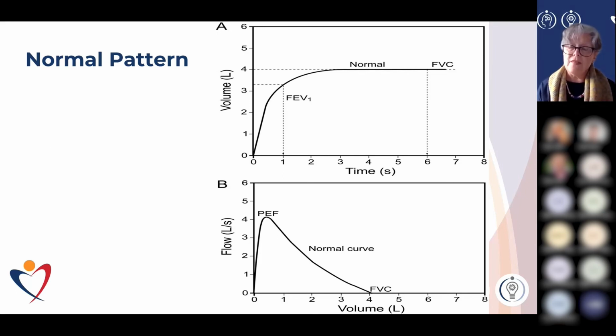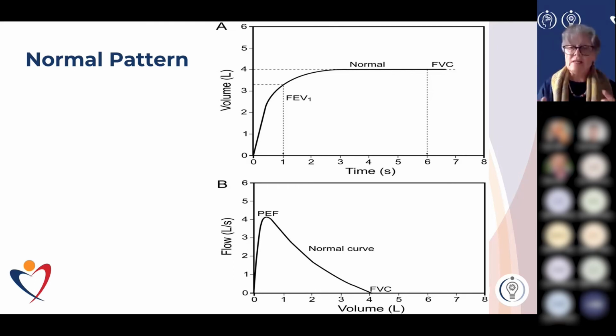But once we've done that and we know that we've got some valuable information there with that relaxed blow, we're then going to do the forced blow. It's the forced blow that gives us our FEV1, the amount of air that comes out in that first second, and of course the ratio.